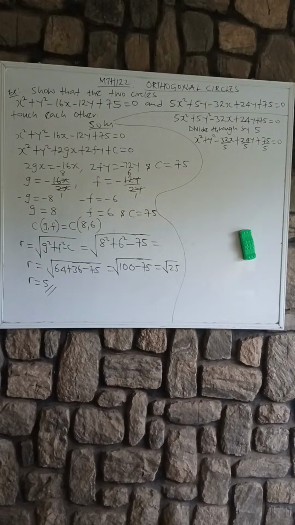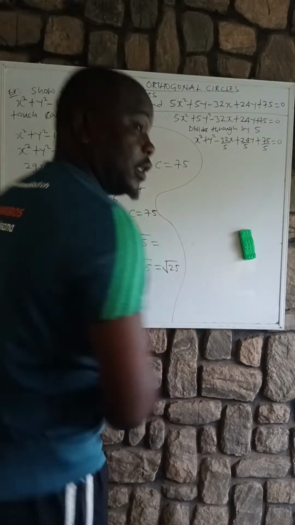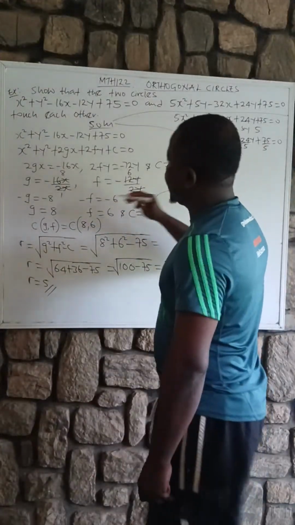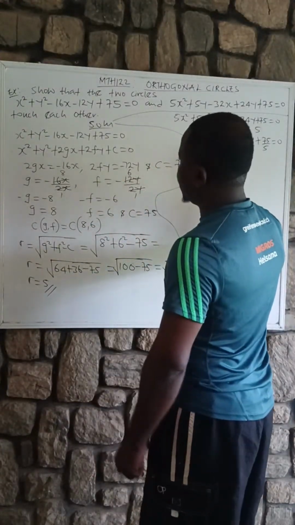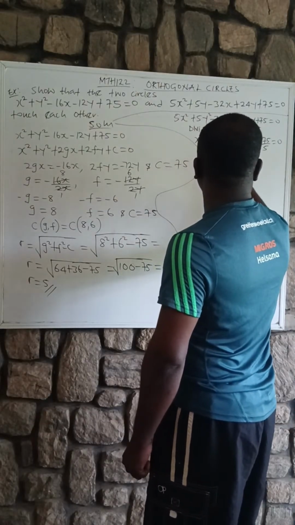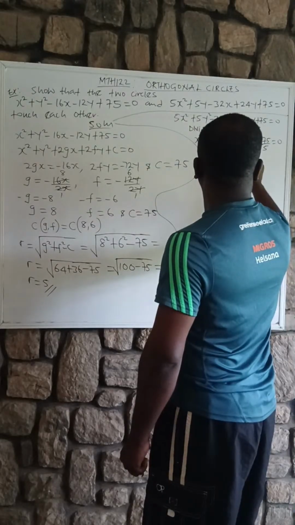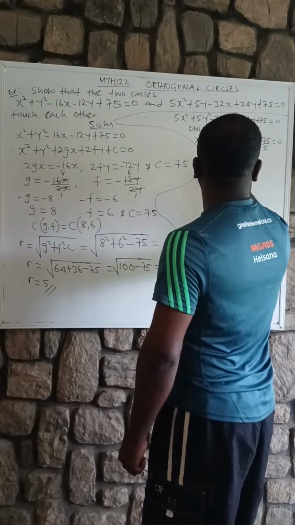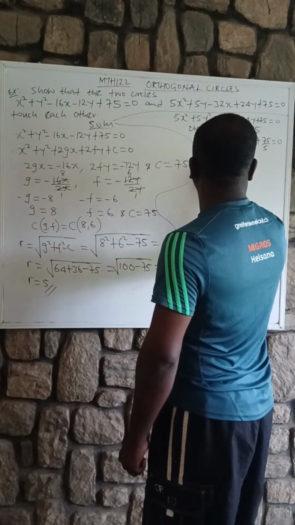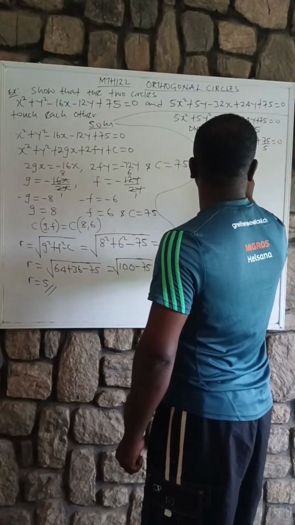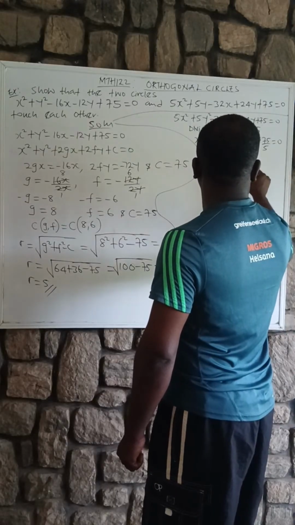So this implies that, look at it, our 2G is equal to minus 32x all over 5, and 2fy is equal to plus 24y all over what? 5.